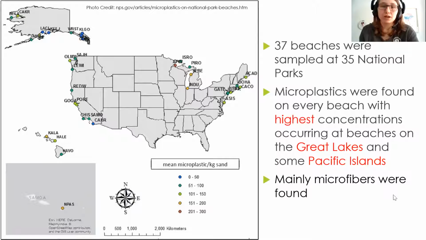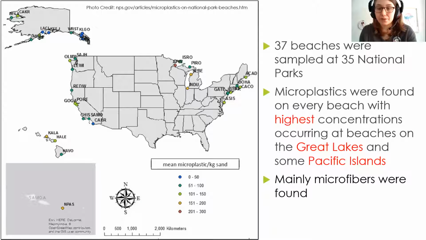Microplastics are not limited to coastal regions. They're also inland. So we take into account the Great Lakes areas and even islands and such. And what they found was that the highest concentrations of microplastics were occurring in the Great Lakes area and on some Pacific islands.